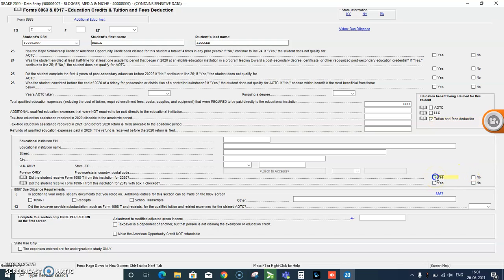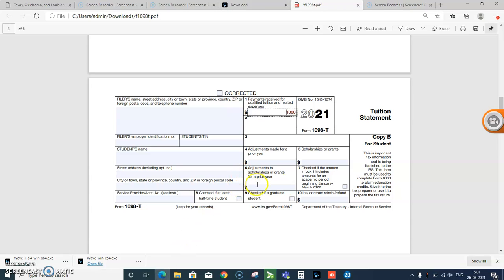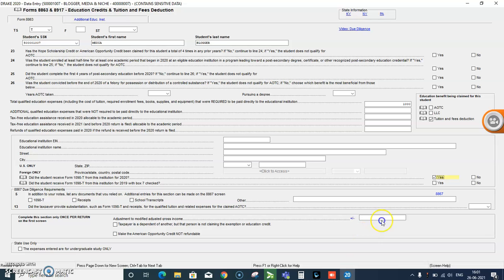For our case, we report yes. If no, then no. Also, did the student receive a 1098-T from the institution for 2019 with box 7 checked? If box 7 was checked, then you have to mention that in the form, also in the tax return.